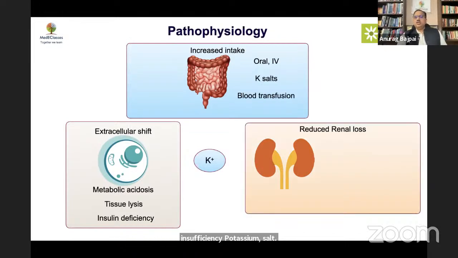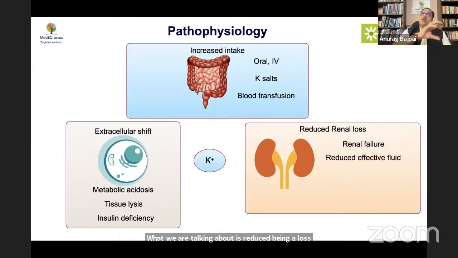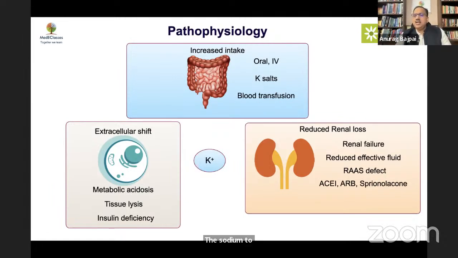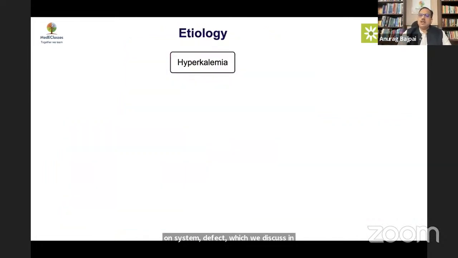Predominantly, what we are talking about is reduced renal loss because of a primary glomerular problem, effective hypovolemia where sodium delivery is less, and therefore you can't exchange the sodium for potassium. A renin-angiotensin-aldosterone system defect, which we discussed in detail, with lots of drugs, ACE inhibitors, angiotensin receptor blockers, spironolactone, will cause that.